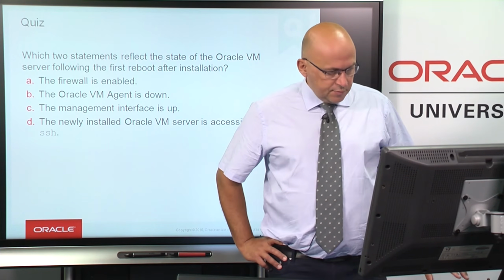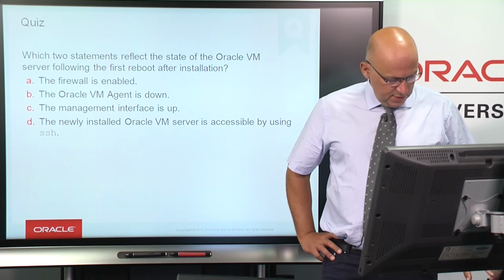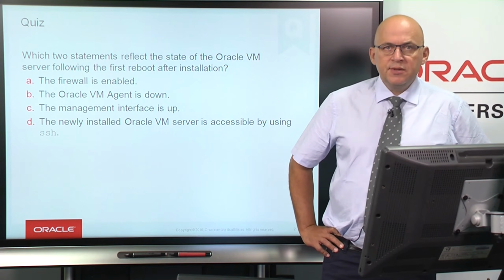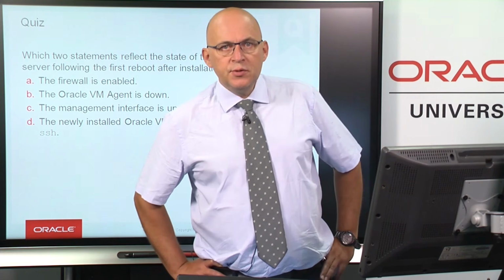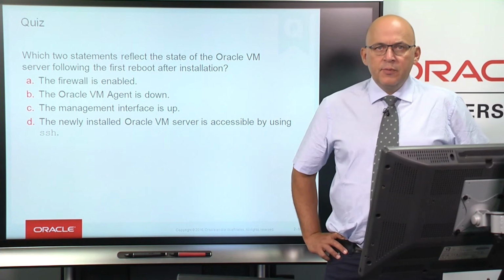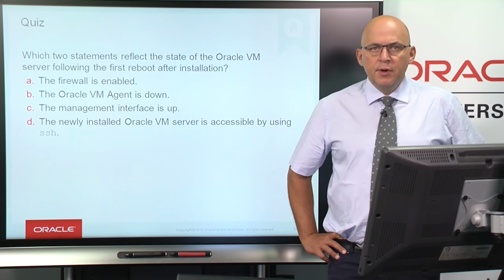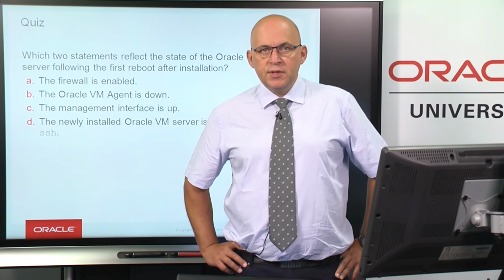Then we have another quiz to close this session. Which two statements reflect the state of the Oracle VM server following the first reboot after installation? The firewall is enabled, the Oracle VM Agent is down, the management interface is up, the newly installed VM server is accessible by using SSH.